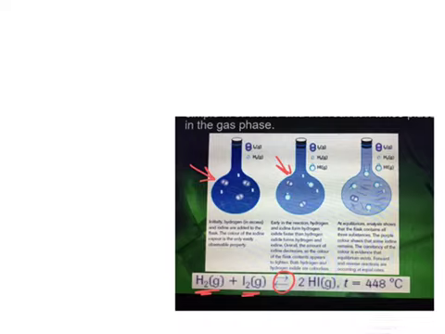But then as we make more hydrogen iodide, it'll actually turn backwards and start that reverse reaction. So we have both those reactions happening at the same time. And eventually we'll get to a flask that has a really steady purple color. It means nothing's changing anymore. Our forward reaction rate is equal to our reverse reaction rate, and we've hit equilibrium. So that one's kind of neat.